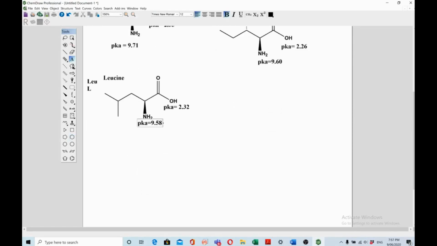The next amino acid is methionine. There are so many unnatural amino acids, and we are talking about natural amino acids.